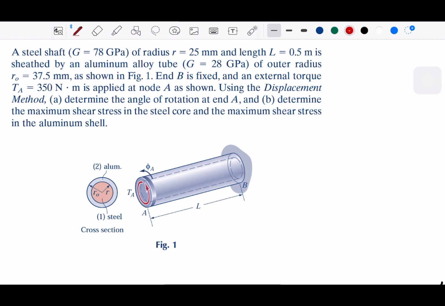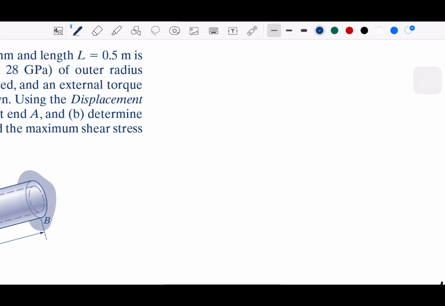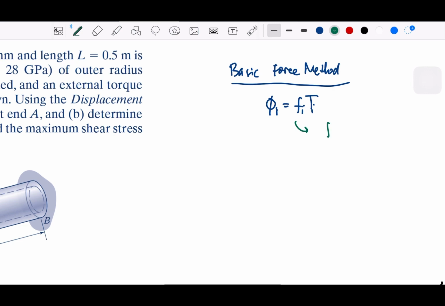So it's asking for the displacement method. What is the displacement method? In the previous way, we used the basic force method. In the basic force method, we have the twist angle, and then T, where the twist angle is TL over G and inertia.